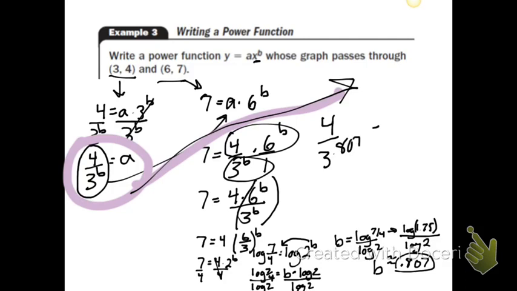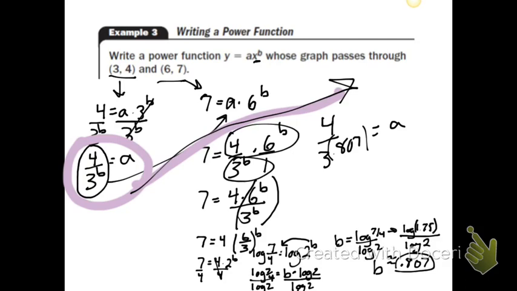0.807 equals a. If you type this in your calculator, when you type in 4 and hit the division button, make sure that the 0.807 is in your parentheses. So hit 4 divided by 3 raised to the power 0.807.